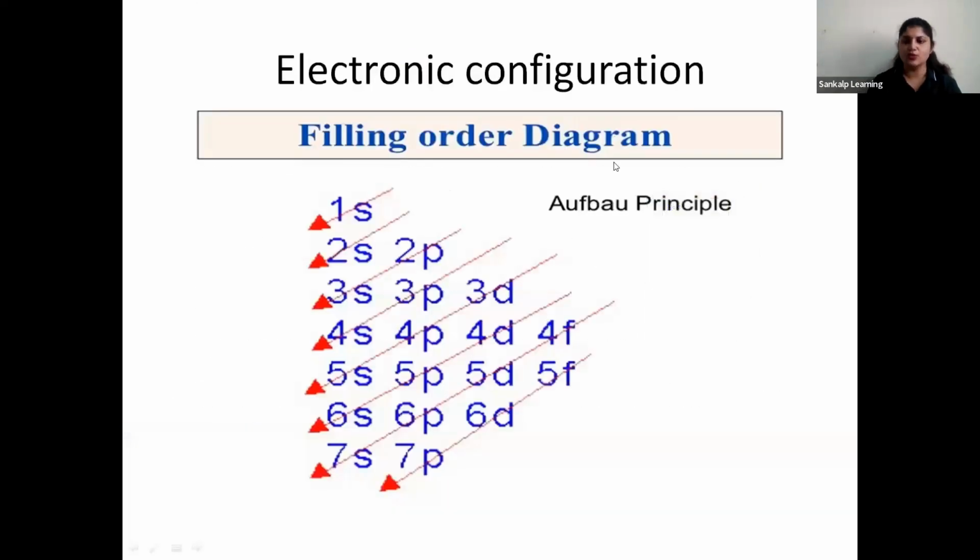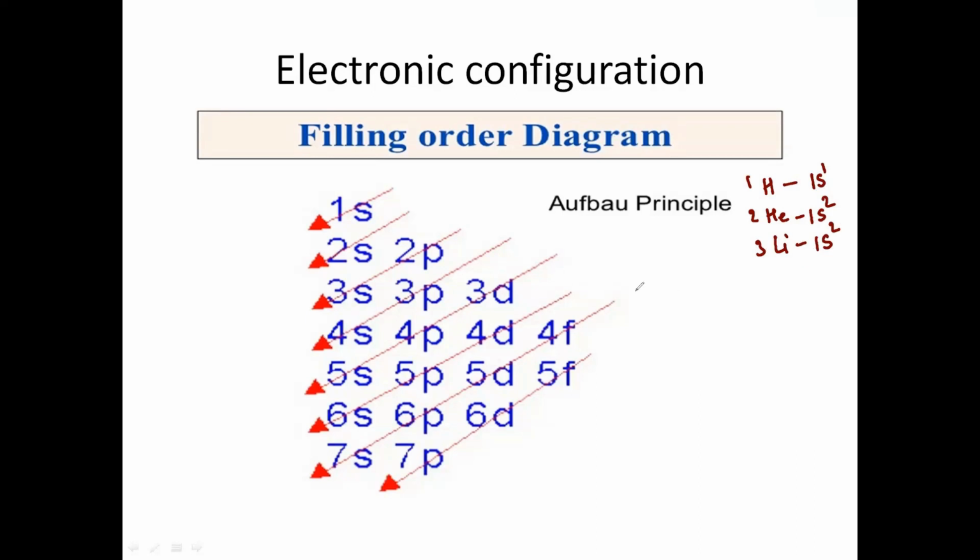Yes, here. Hydrogen, helium, lithium. Hydrogen is 1, so this will be 1s1. This will be 1s2. Lithium is 1s2 and 3 electrons are there. Then next, where will it go?